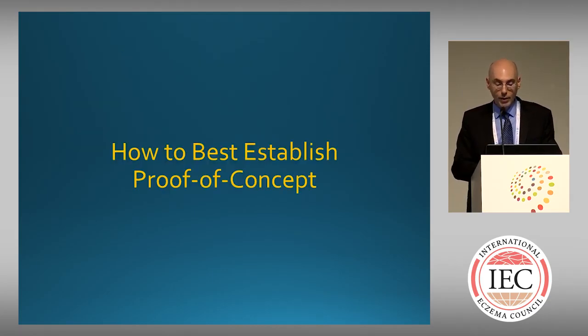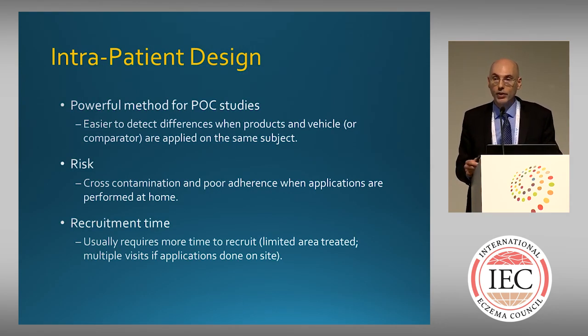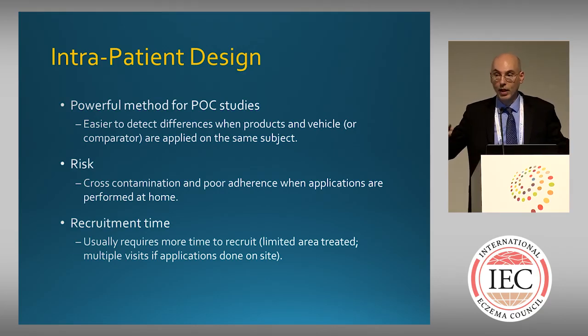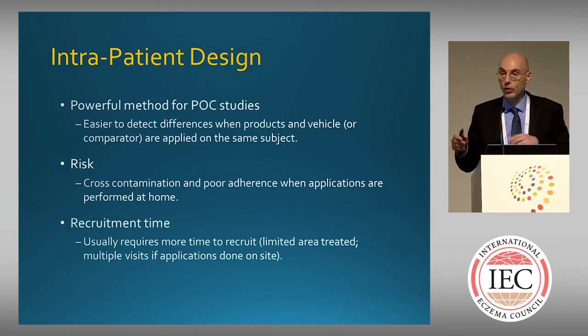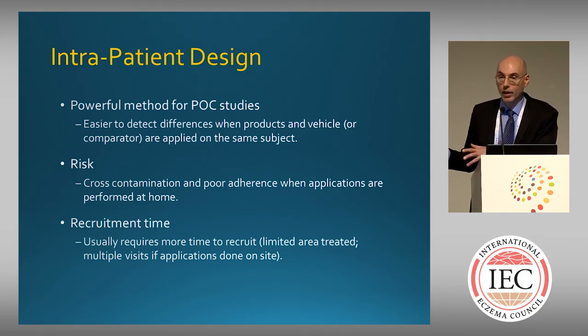So how to best establish proof of concept? I'll first talk about the intra-patient design. This is something very powerful that can be done when you have a topical drug that you study for atopic dermatitis. It cannot be done, obviously, with a systemic drug. The intra-patient design uses the fact that patients with atopic dermatitis will have lesions on many areas, and you can treat one area with the drug that is being studied and another area with a comparator or a vehicle.